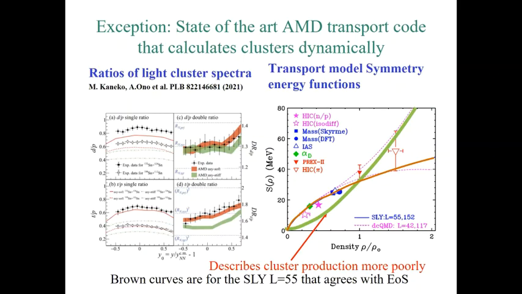These clusters are moving very slowly relative to each other when they capture. That's the essence of the coalescence mechanism. In this calculation, there are forces between these particles, and they influence whether the particles are captured or not captured. So this is different than having an overall equation of state.